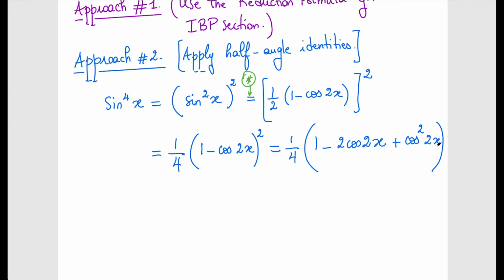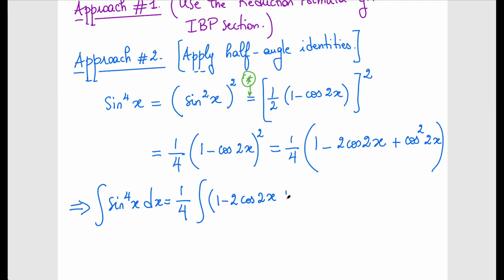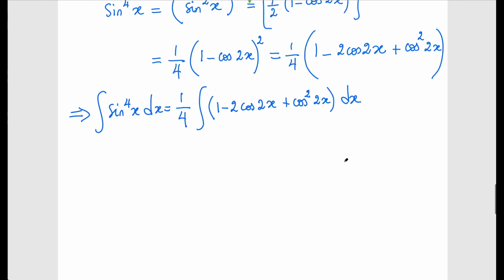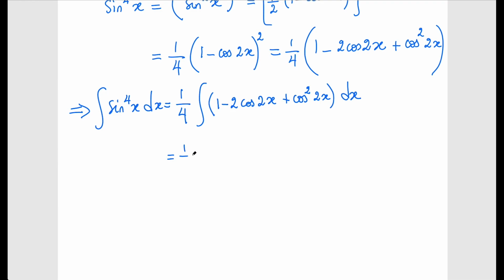Okay, so let's put things together, and then I continue by using double asterisk. So then primitive of sine to power 4x dx is simply 1/4 primitive of 1 minus 2 cosine 2x plus cosine squared 2x dx, which is equal to 1/4. Let's keep it in factor, right?